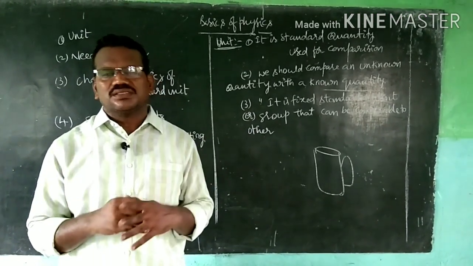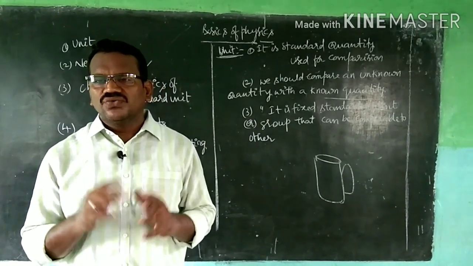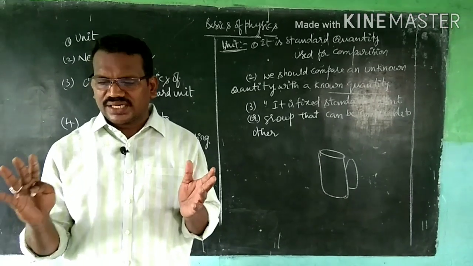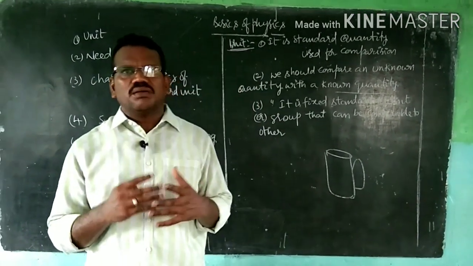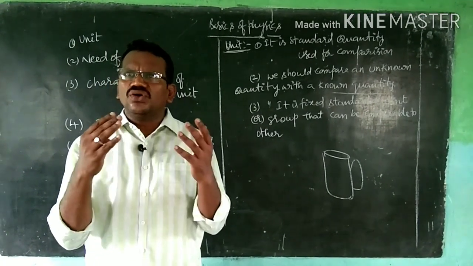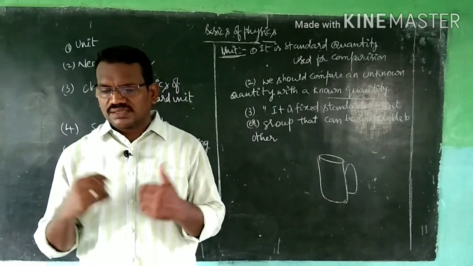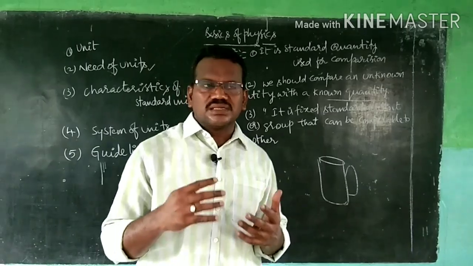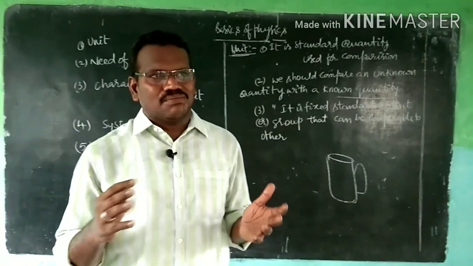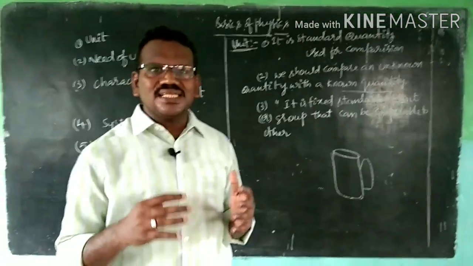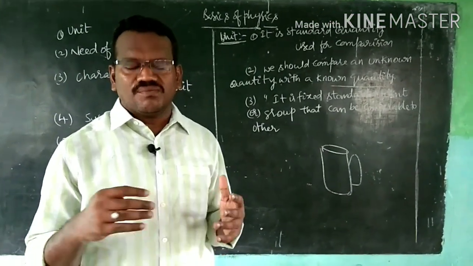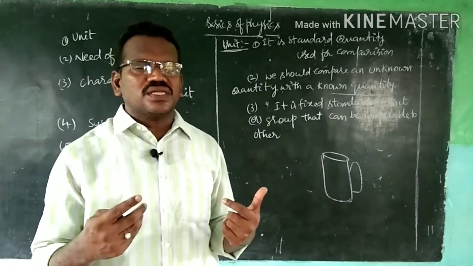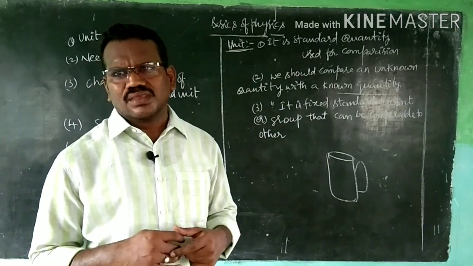Measurement will differ. So for that we require a standard quantity. For example, in the case of measuring mass, in olden days some systems were there, nothing but seers and munts. Seers and munts are different systems of measurement used for measuring mass.